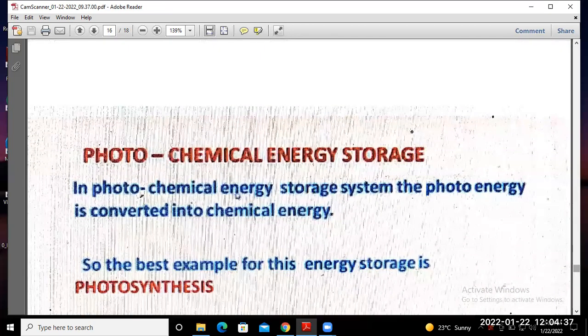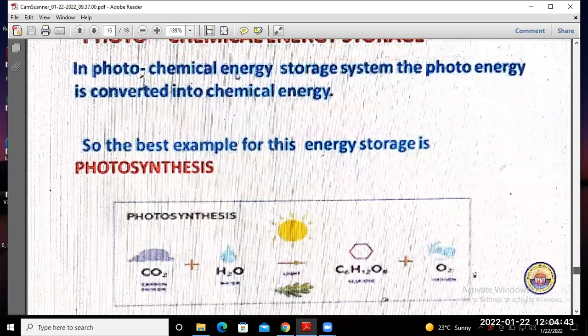And next is your photochemical energy storage, the last one. In a photochemical energy storage system, the photo energy is converted into chemical energy. The best example for this energy storage is photosynthesis. That means this is your carbon dioxide and H2O.